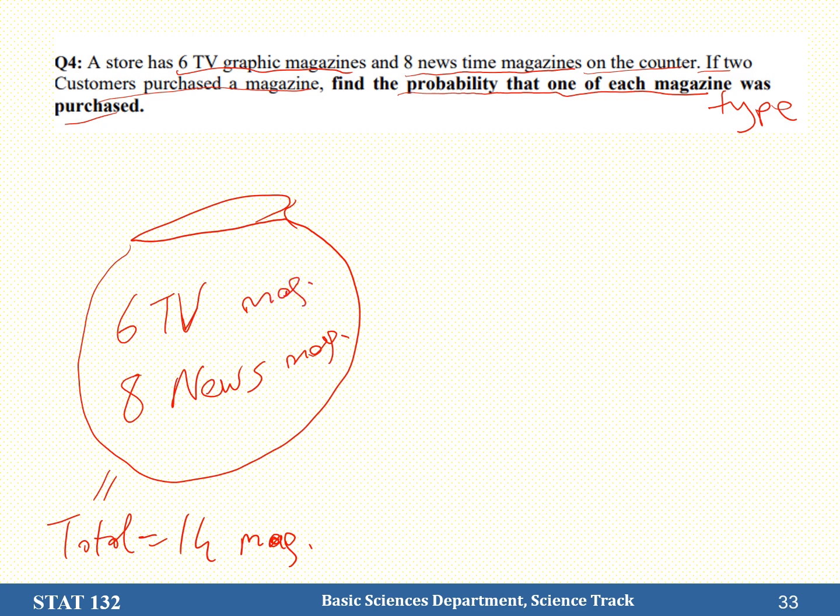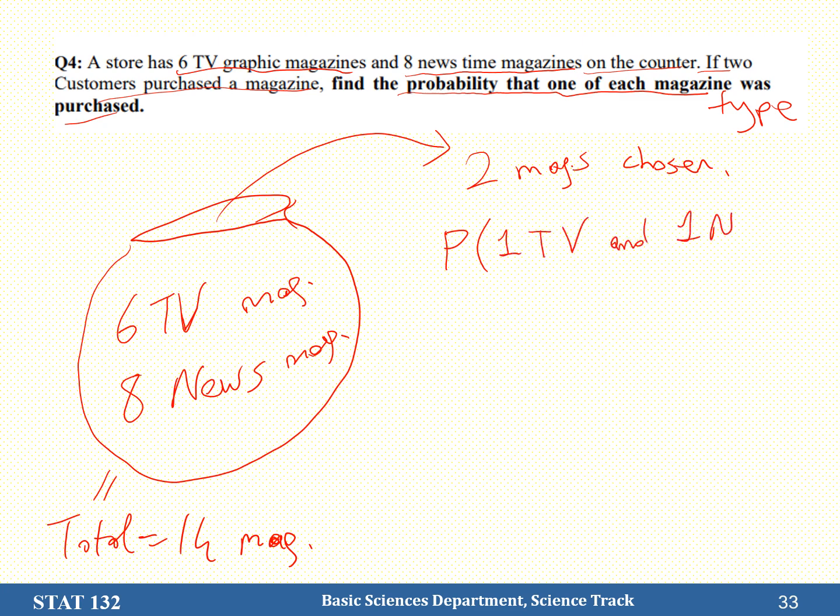Now it says that 2 customers purchased. So 2 magazines are chosen, let's say. Now the question is, what is the probability that each magazine type was purchased? So in this case, it will be 1 TV and 1 news magazine.